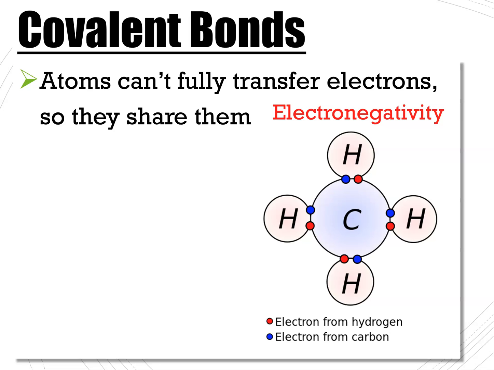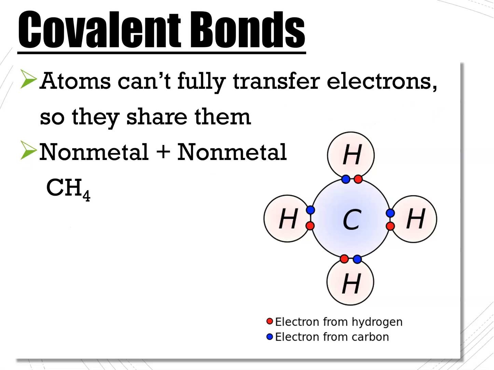Well, they have to then share the electrons. And electronegativity is going to play a big role when we get into polarity. So make sure you understand electronegativity and the role it plays between atoms, because when it comes to polarity, it's going to need to be accounted for.